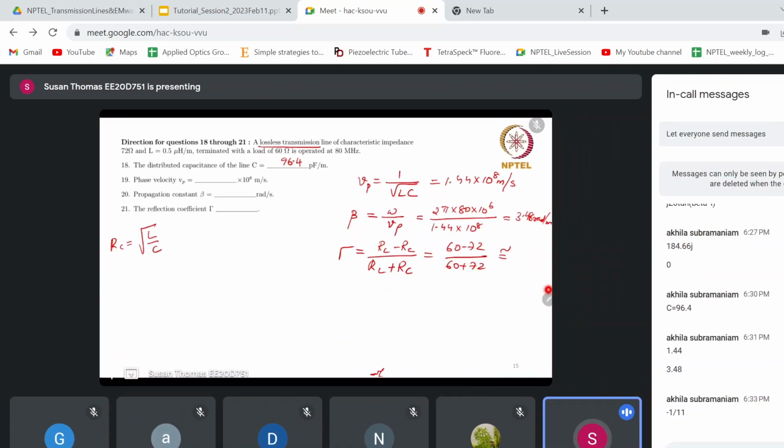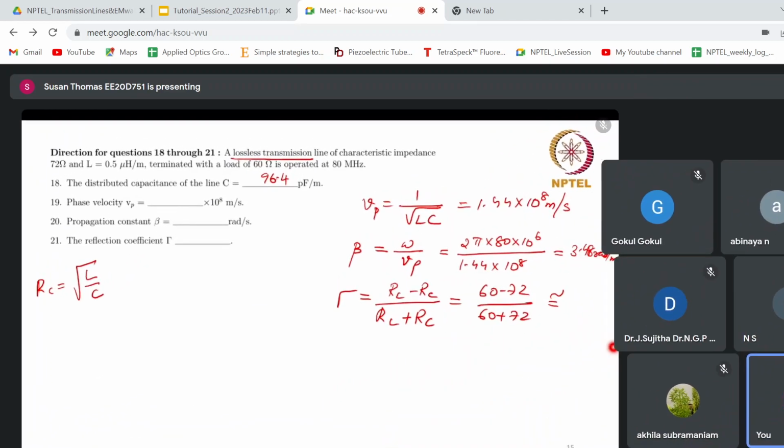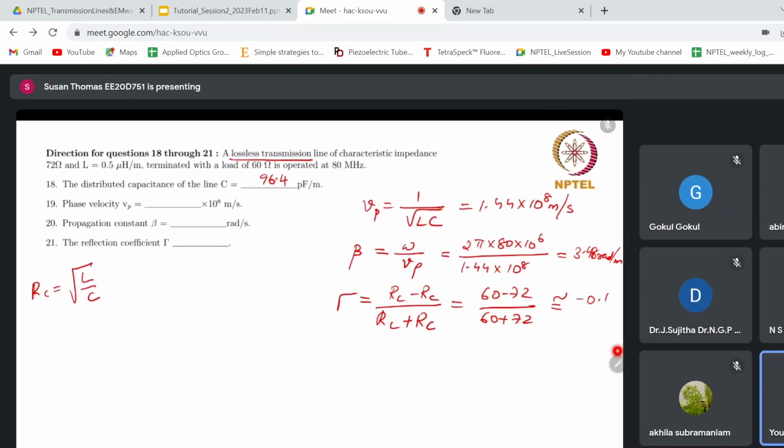I think there is an answer. Yes, minus 0.1. I hope this was a very simple question. It was just to give you a feel of solving the sample question.